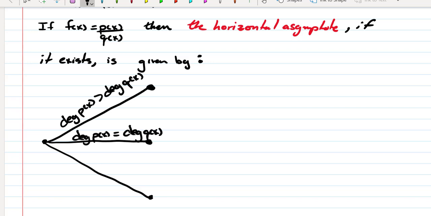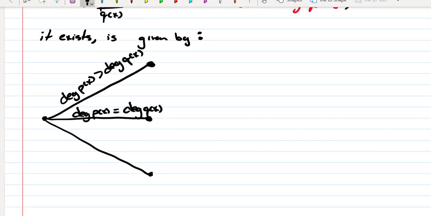And then lastly, we've done bigger than, we've done equal to, is the degree of p of x is less than the degree of q of x. So then here are our possibilities. Our first one is there is no horizontal asymptote.